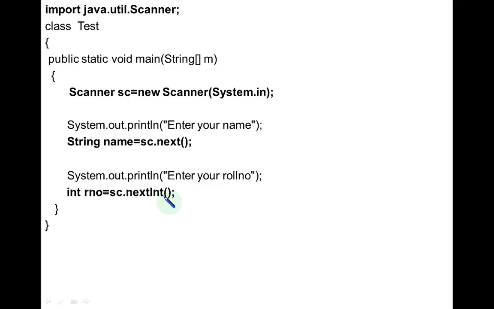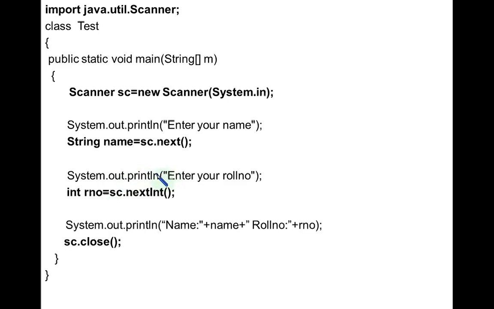After entering the roll number, we are going to display both the name and the roll number like this, using System.out.println. And finally, we are going to close the Scanner object. In case of BufferedReader and DataInputStream, we are not using the close method. But here, in case of Scanner, we terminate the object by using sc.close.